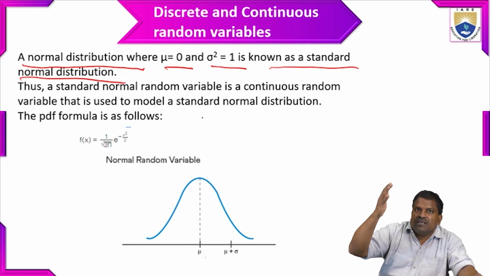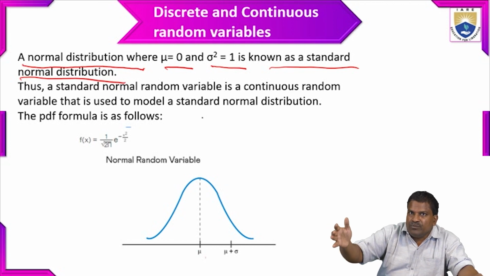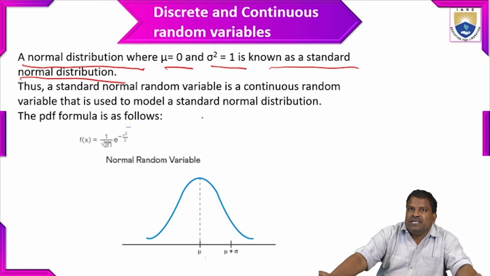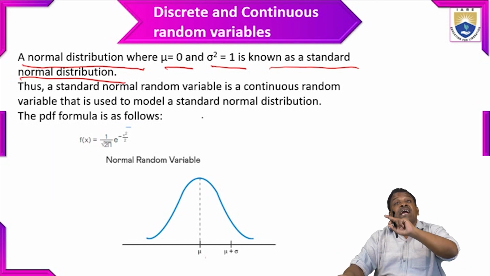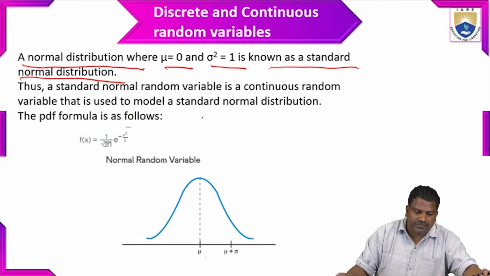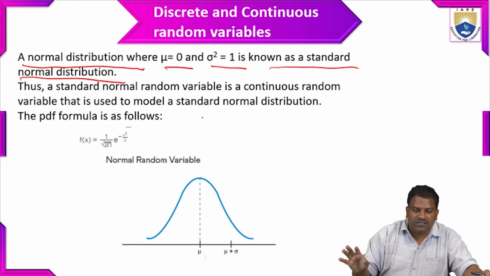When a normal distribution is taken, if its mean mu is equal to 0 and its variance sigma square is 1, then we say that normal distribution is a standard normal distribution. Thus, a standard normal random variable is a continuous random variable that is used to model a standard normal distribution.